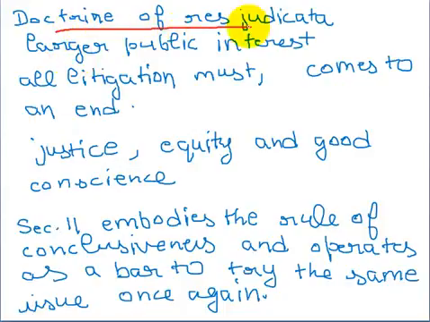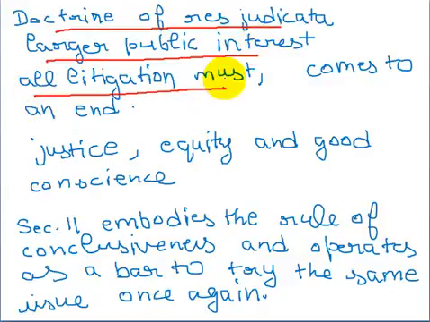The doctrine of res judicata is conceived in larger public interest, which requires that all litigation must sooner than later come to an end.